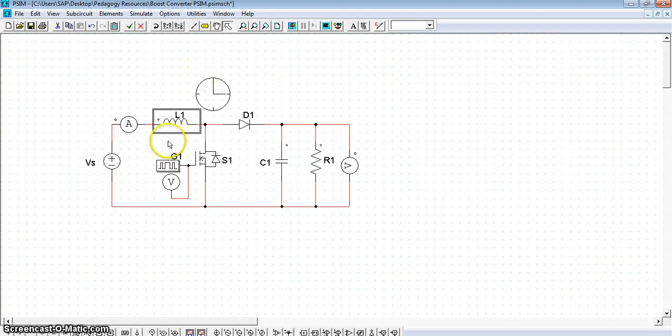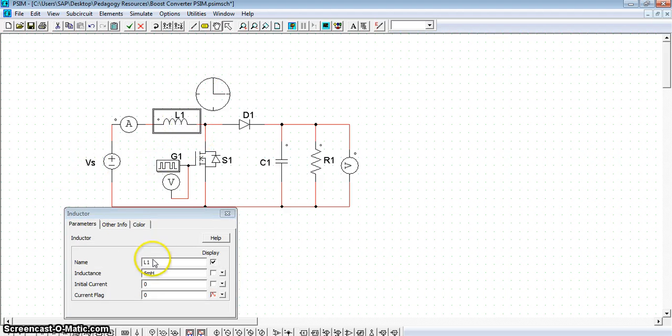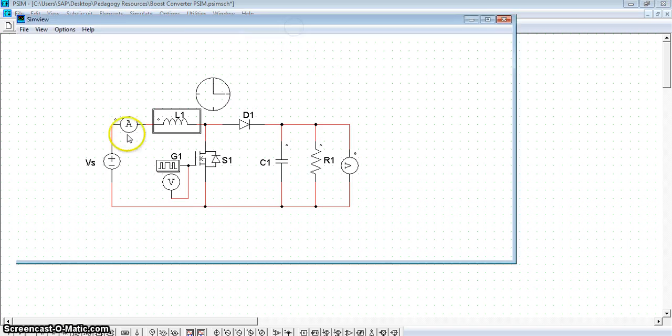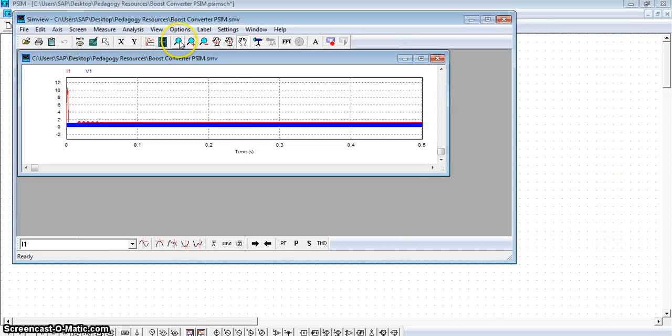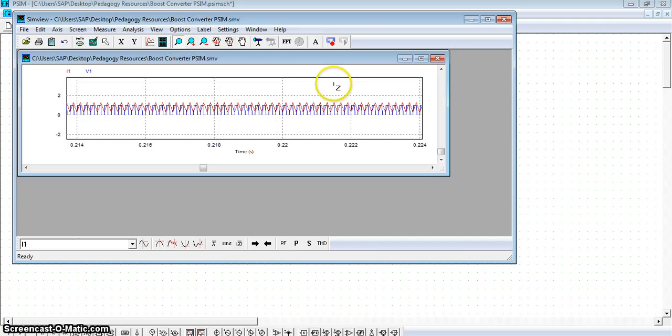Again, let's change the value of the inductor. Let's give some higher value, say 10 millihenry. Again let's simulate the model, input inductor current and gating pulse.